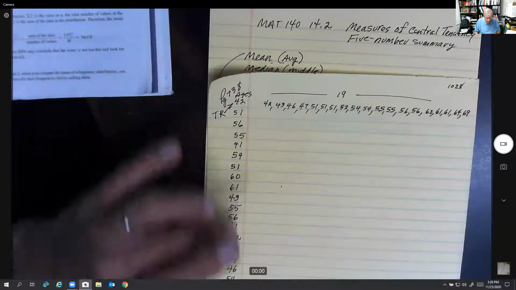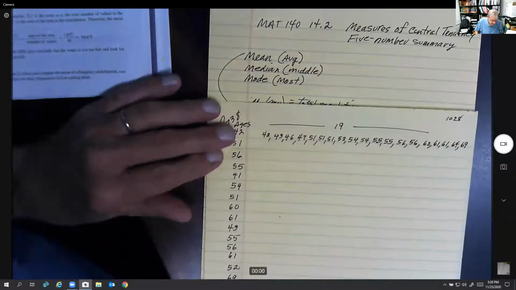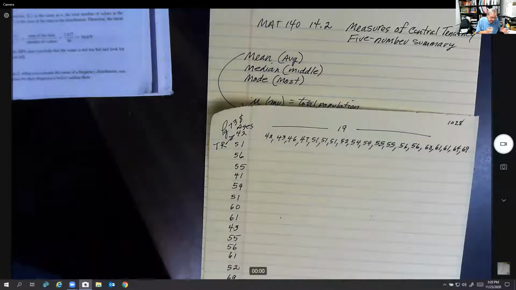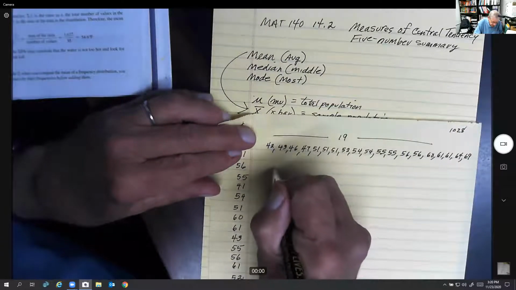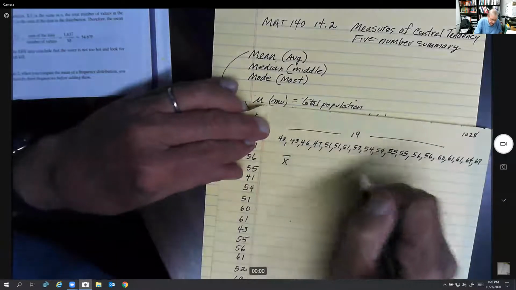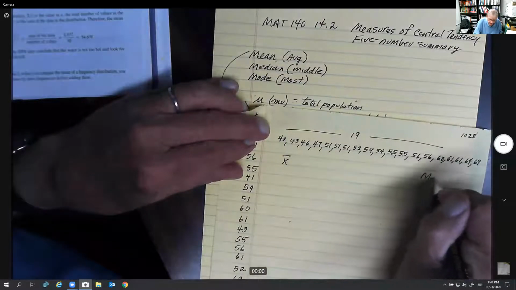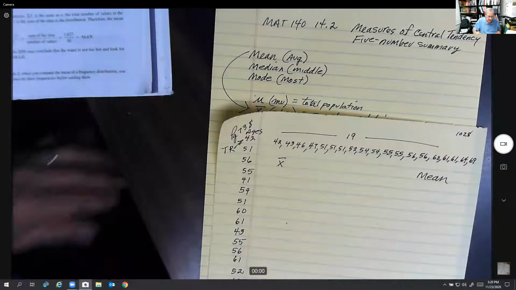So it's a sample of the latest presidents, maybe from the 19th century on. So we're going to call this X bar, and we're trying to find the mean first.